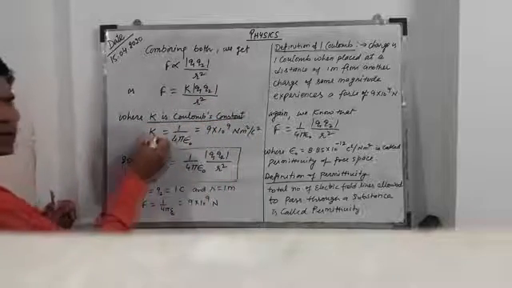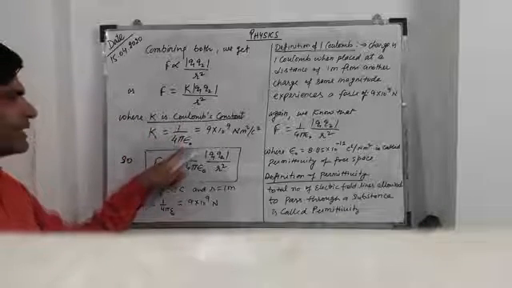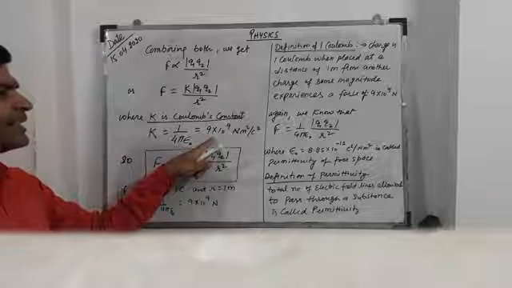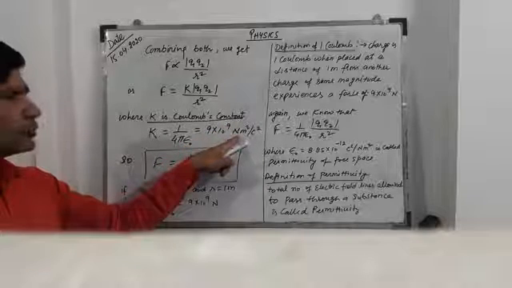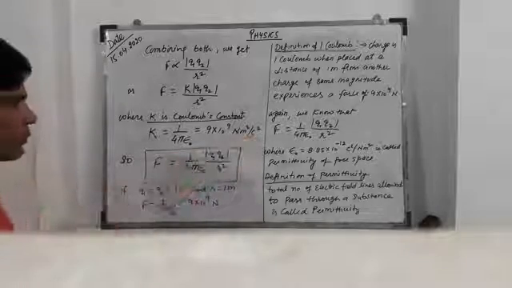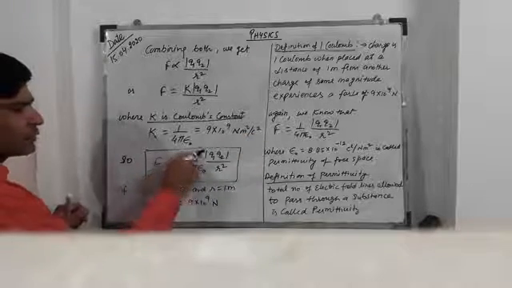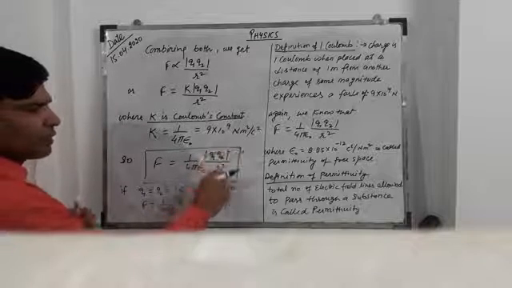The value of the Coulomb constant is 1 upon 4 pi epsilon naught, and the value of this constant is equal to 9 into 10 to the power 9 newton meter square per coulomb square. Okay.